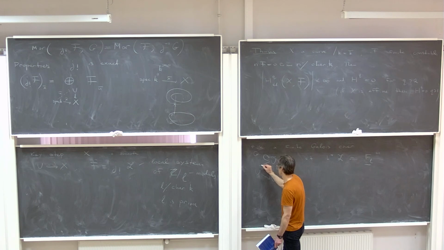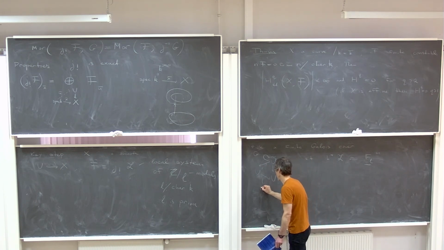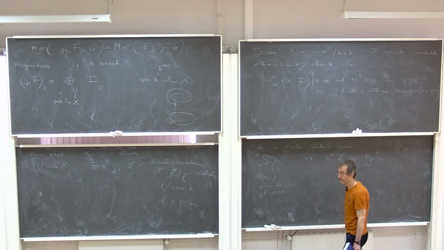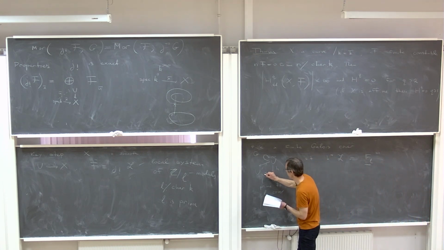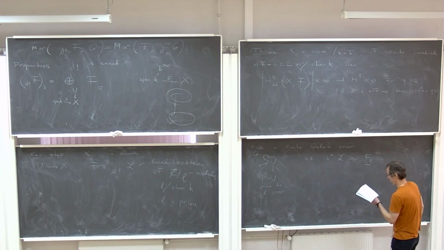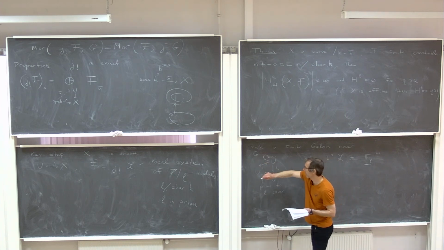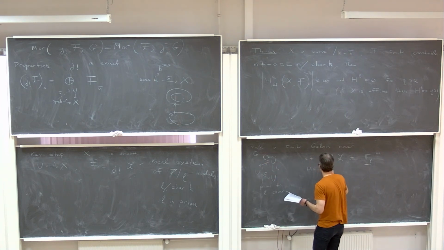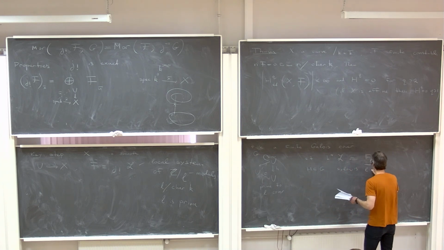This is what will be the factorization: this has a cover of degree prime to L, and this is the L-primary cover. Okay, and this is F. So this corresponds to, again, a Sylow L-subgroup H of G.